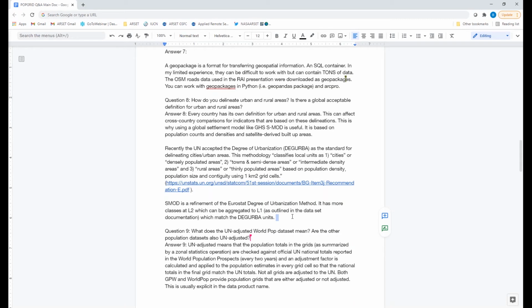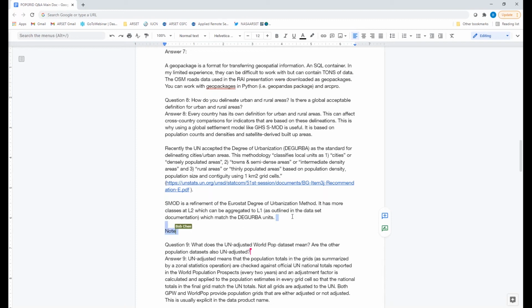So that's why global settlement models like GHS SMOD, which we use for the global RII, are helpful because they take a standard approach to defining urban and rural areas globally based on population counts, densities, and satellite-derived built-up areas.